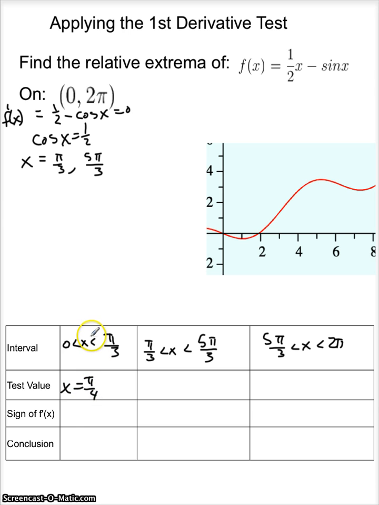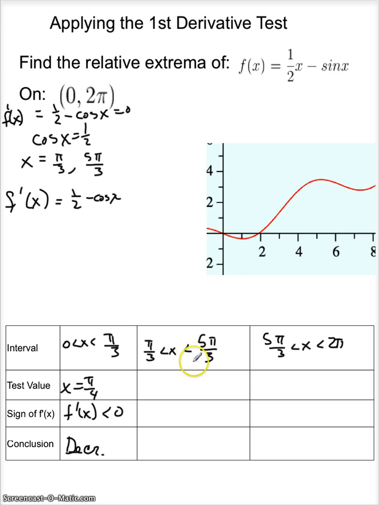When x equals pi over 4, the derivative, so we're going to be plugging all these into this function right here, okay, at x equals pi over 4, we get that the derivative is negative, and the conclusion is it is decreasing.